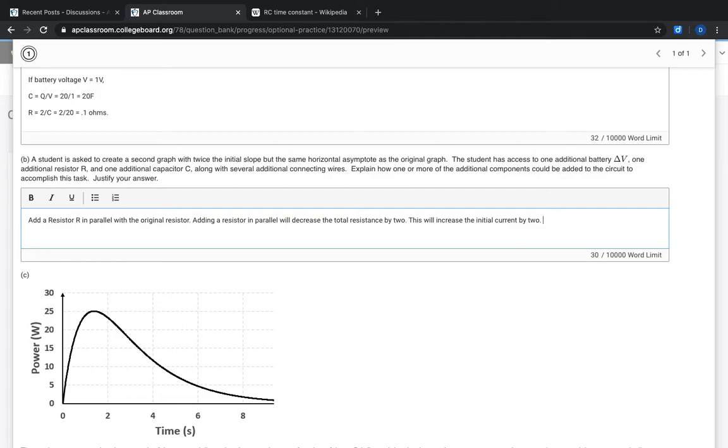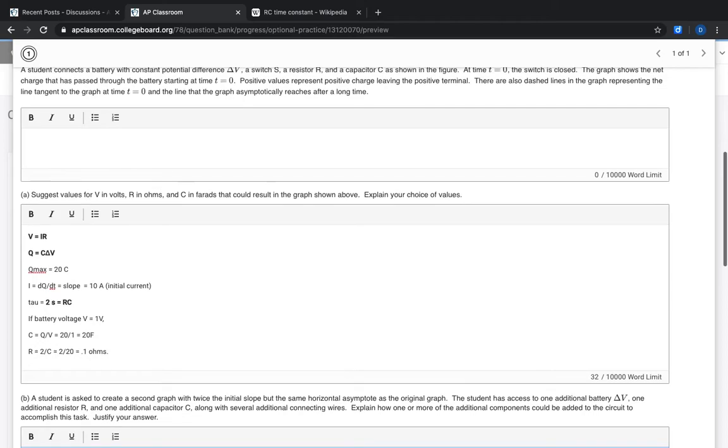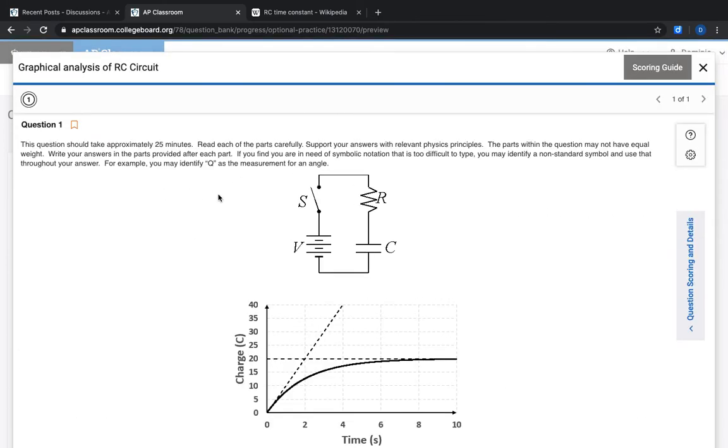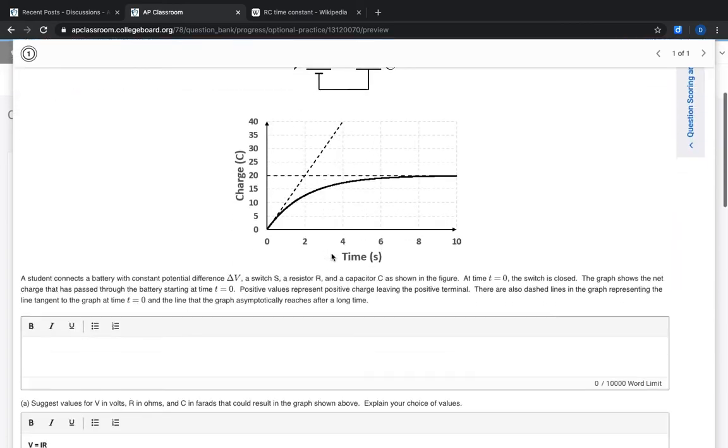And then the reason why the total charge isn't affected is because once the current stops, once the capacitor is fully charged and there's no more current, the amount of charge only depends on how much capacitance this has, which we're not changing, and how much voltage it has, which is equal to the battery since there's no more current through the circuit.